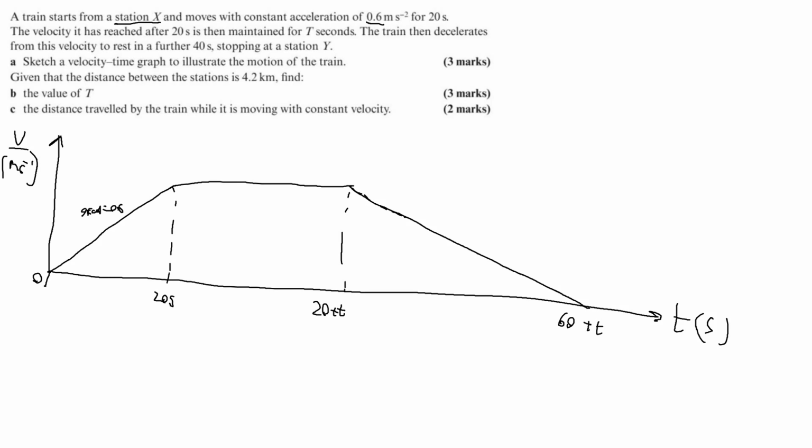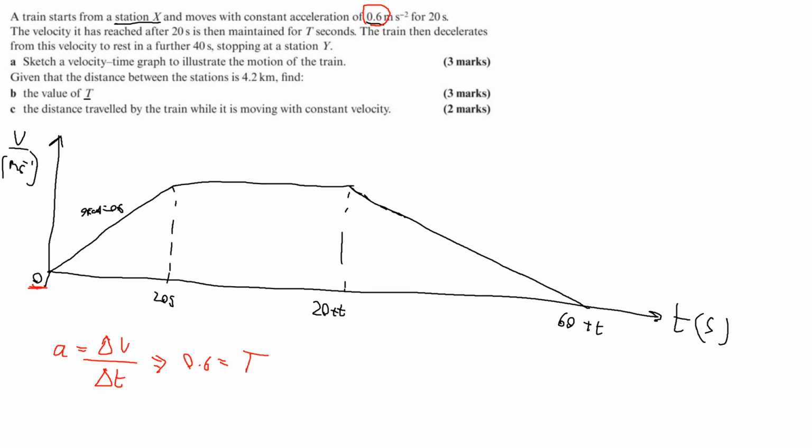The question is how we're going to use the graph to work out what t is. Well, we know that the gradient is 0.6, so the acceleration is the change in velocity over the change in time, which means that 0.6 is equal to v over 20, since it starts from 0.